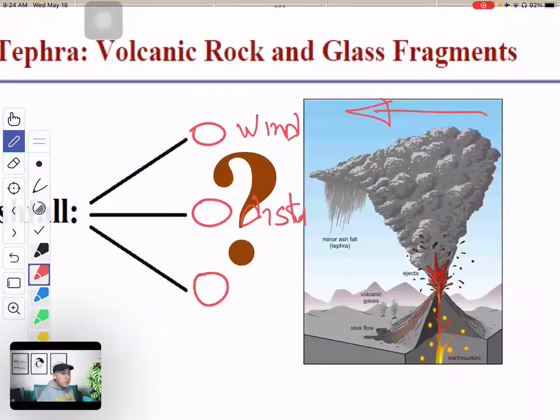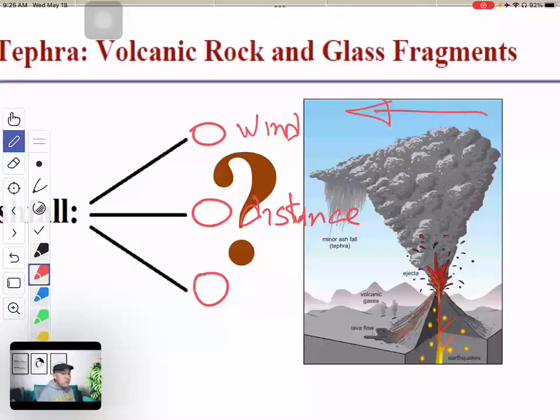And the last one, which might not be as obvious as the first 2, is soil deposits in and around the area that you're assessing, because those soil deposits will tell us, when the volcano erupted in the past, and it has erupted many times, how far did the ash go?